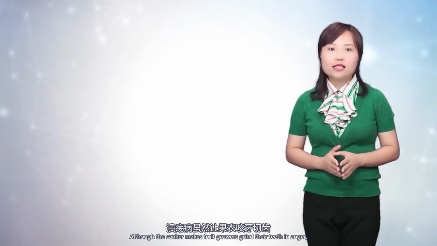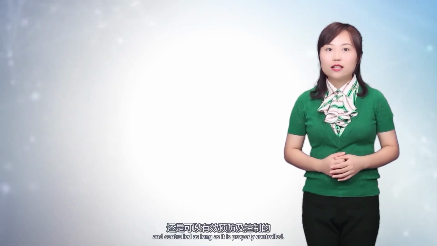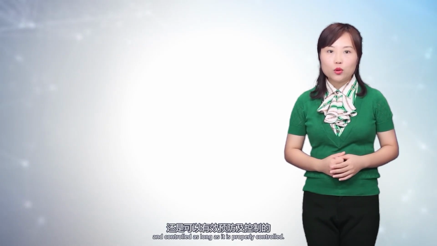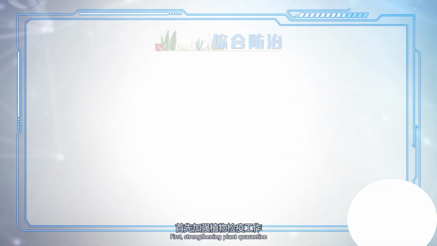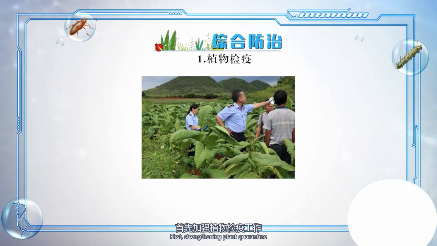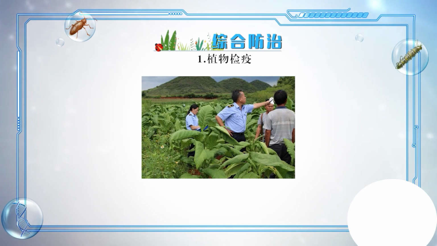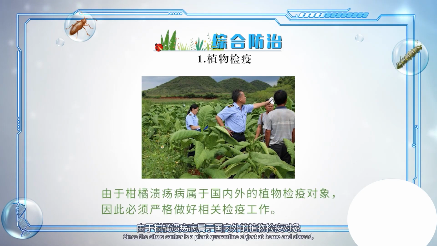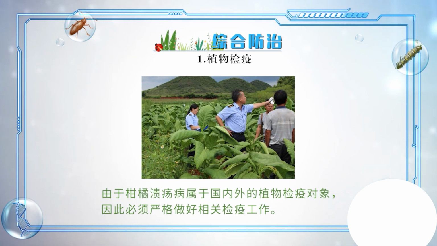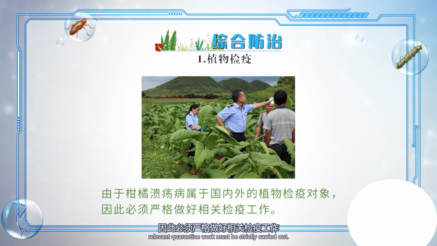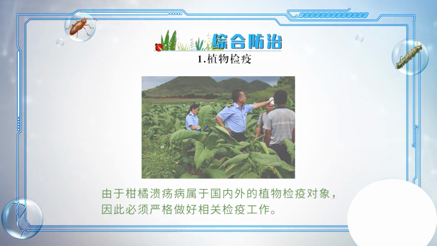Although the canker makes fruit growers grind their teeth in anger, it can still be effectively prevented and controlled as long as it is properly controlled. First, strengthening plant quarantine. Since the citrus canker is a plant quarantine object at home and abroad, relevant quarantine work must be strictly carried out.